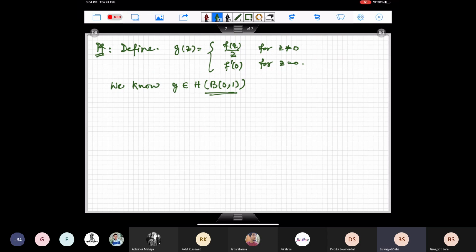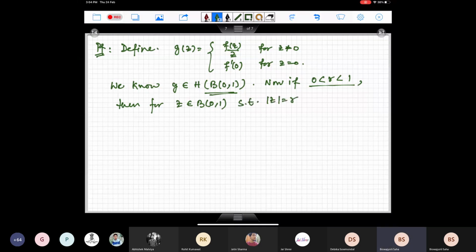Very nice. Now let us take mod. If I take some r between 0 and 1, and any z in B(0,1) such that mod z is equal to r, then what is mod of g of z?